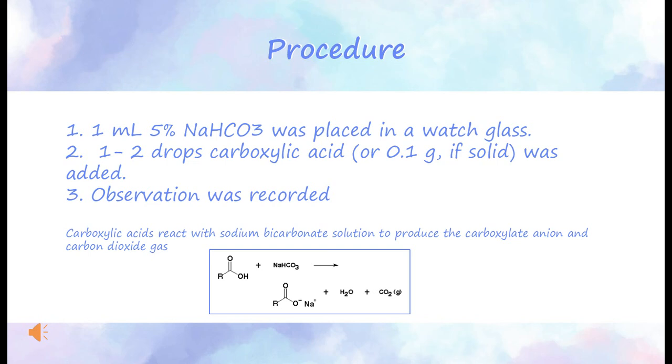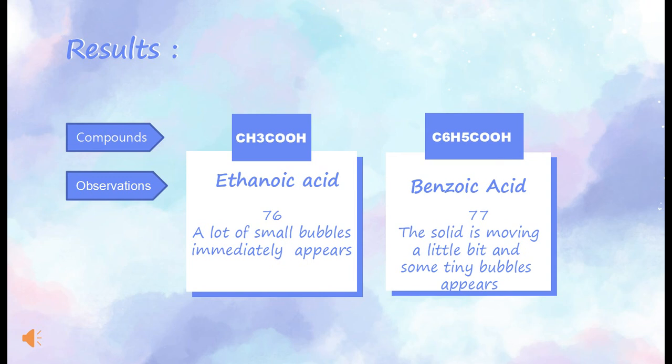Down there I've put the reaction, in which carboxylic acids react with sodium bicarbonate solution to produce the carboxylate anion, carbon dioxide gas and also water. And now it's time for the results.